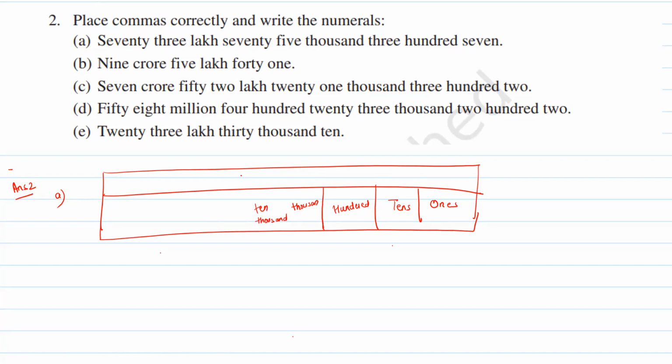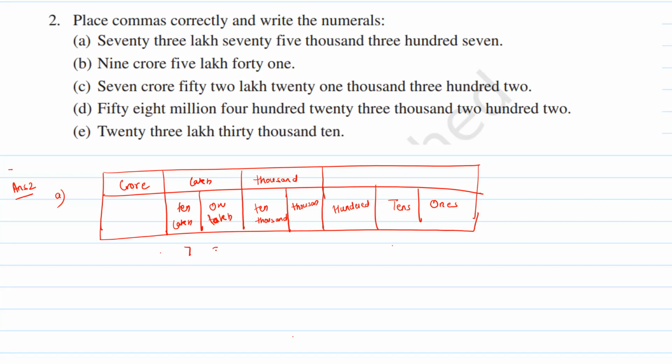So we make commas like this only. This is one period. This is the 1,000 period. Similarly, we have the lakh period where we have 10 lakh and 1 lakh, then crore like this only. So if I say the A part, it is 73 lakh.